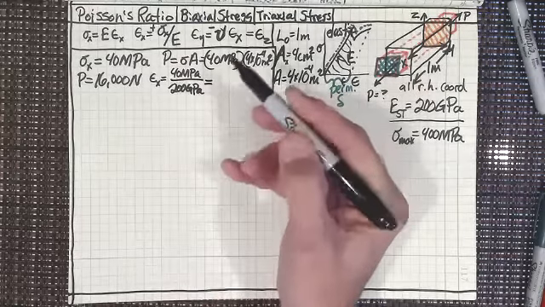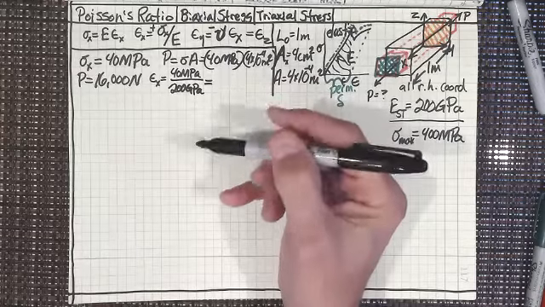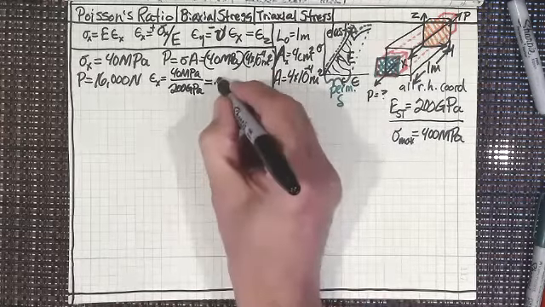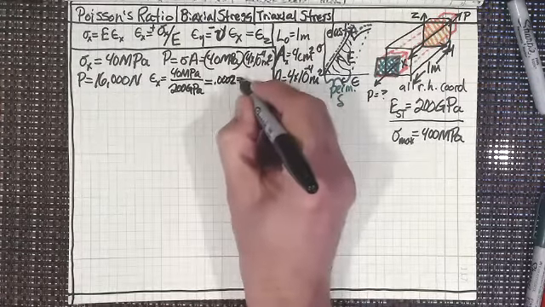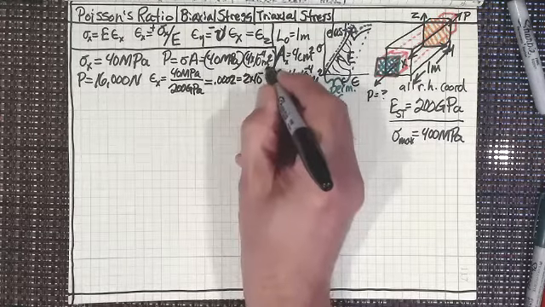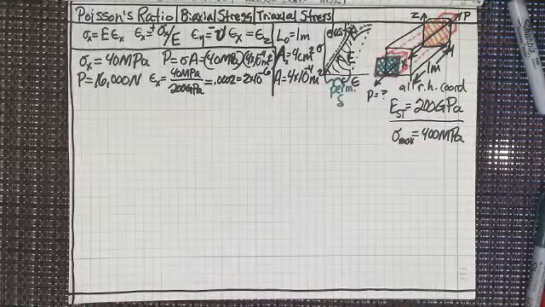And that tells us that the extension in the X direction is, I'll write it two ways, 0.0002 or 2 times 10 to the minus 4, right? Either way, it comes out the same.